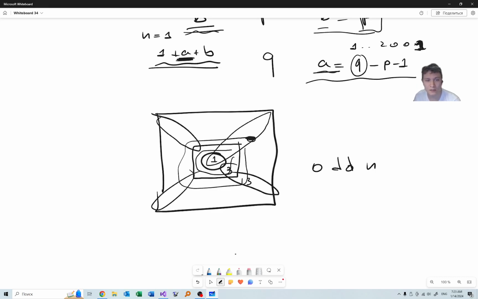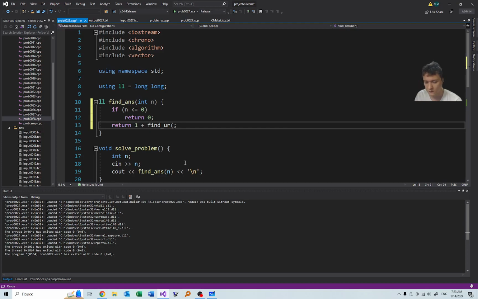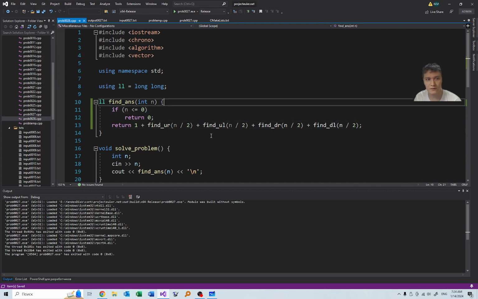So we can as well just say that find upper right n over 2 plus find upper left n over 2 plus find down right of n over 2 plus find down left of n over 2. So we need 4 formulae.